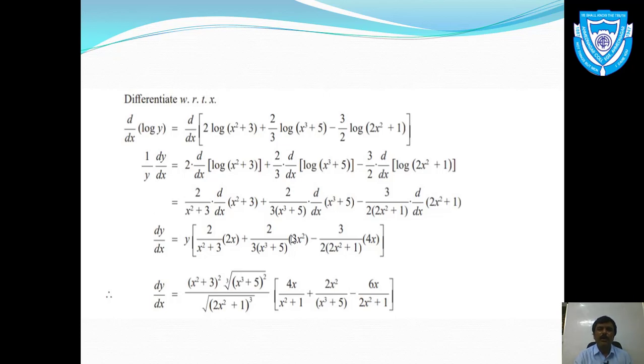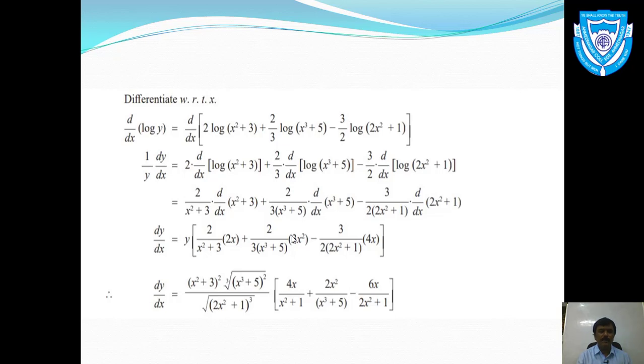After finding all those derivatives, we got the value of dy by dx as, now look at the second last step, dy upon dx is equal to y into the square bracket. Three terms are there in the square bracket, and we have kept the y outside the bracket just because y is multiplying the entire right hand side.